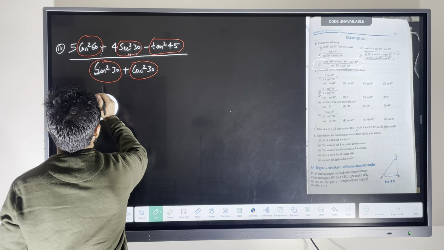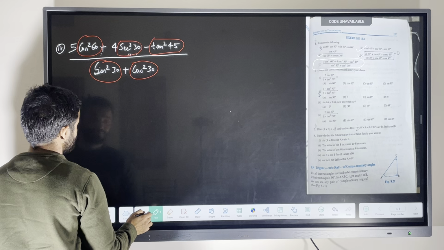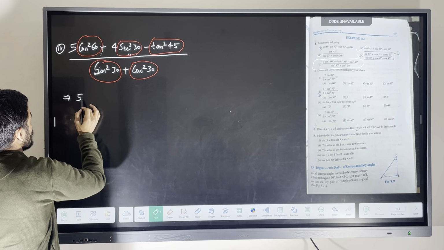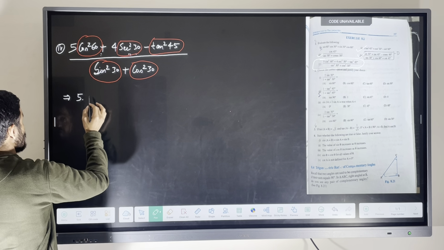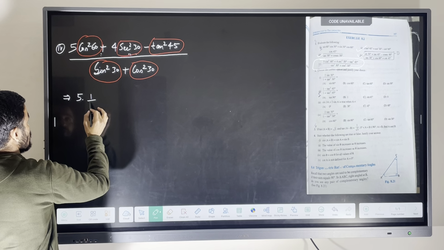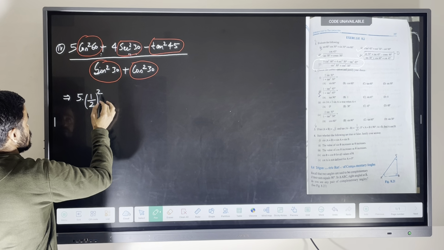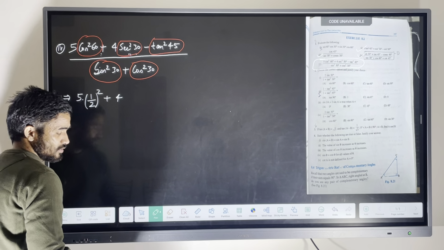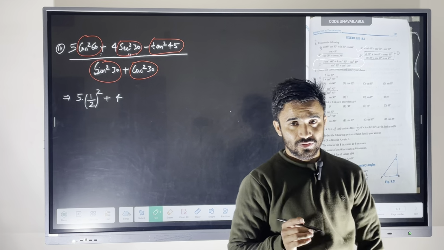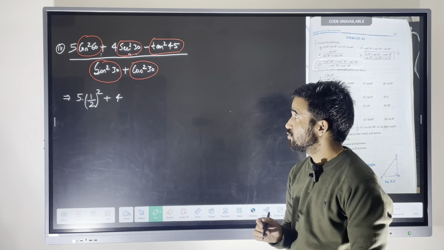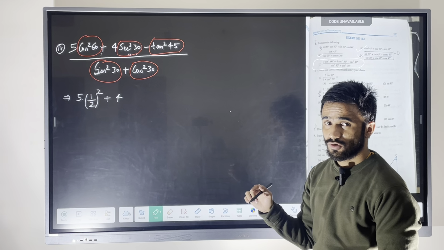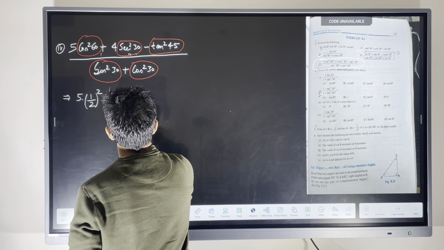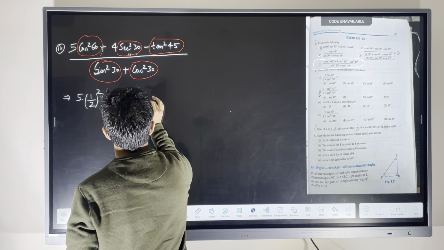So now solve this question. 5 into cos square 60. What is the value of cos square 60? Cos 60 is 1 by 2, whole square, plus 4. What is the value of sec square 30? What is the value of cos 30? The value of cos 30 is root 3 by 2, and sec 30 is the inverse of cos 30, so it will be 2 upon root 3 and its whole square.